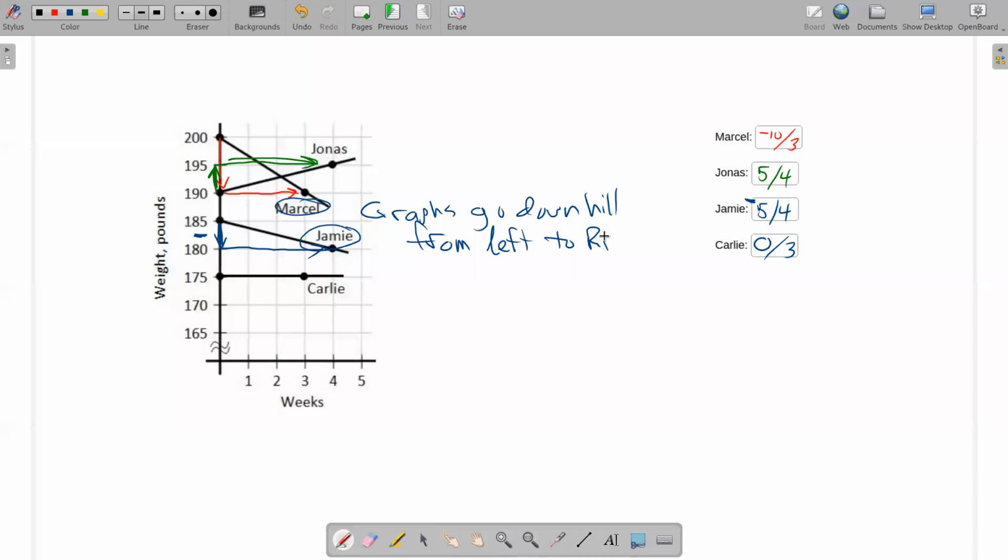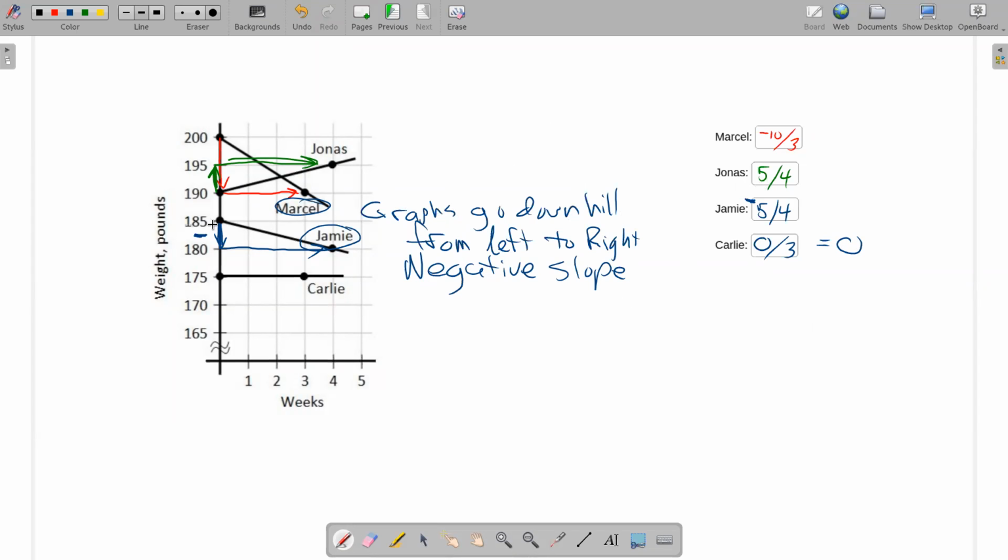And they both had negative slopes. And negative slopes always have that property. If you have a negative slope on the graph, you should see it going down from left to right. If the slope is positive, it should be going up from left to right, like Jonas had that positive slope there. And then Carly's neither up nor down, it's just flat. That's a slope of 0. So we could write that one simpler.